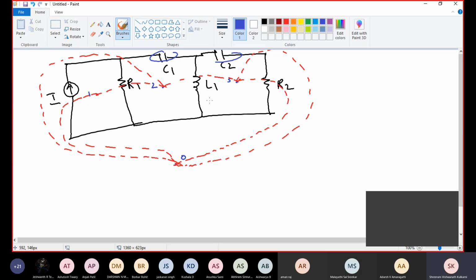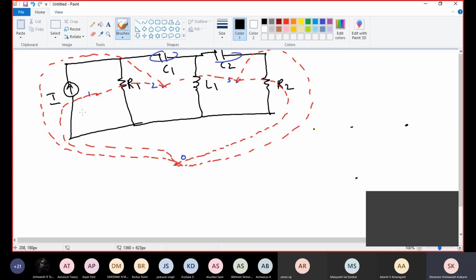Now we have to replace current source with voltage source first. We need to write first the nodes here. 1, 2, 3. 3 nodes, 1 reference node.